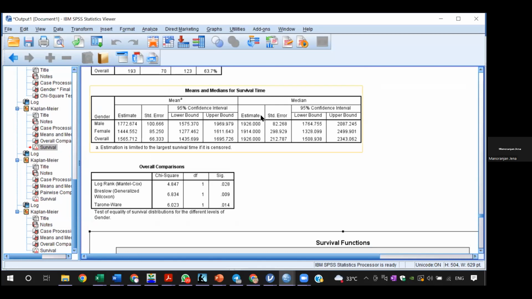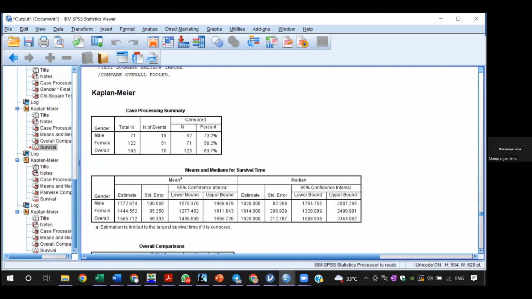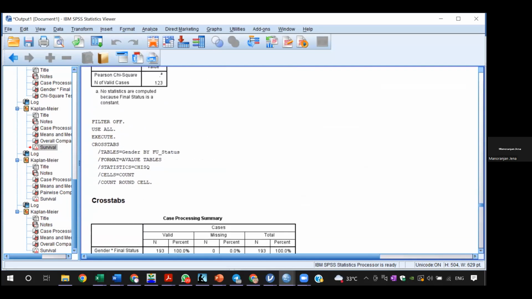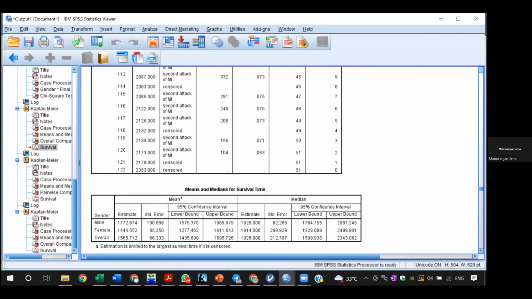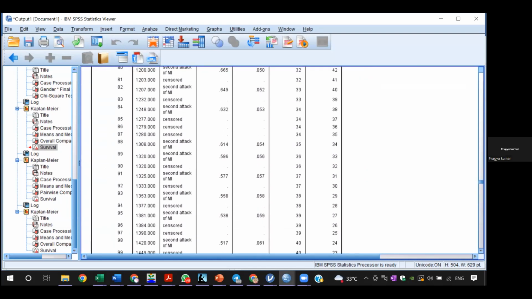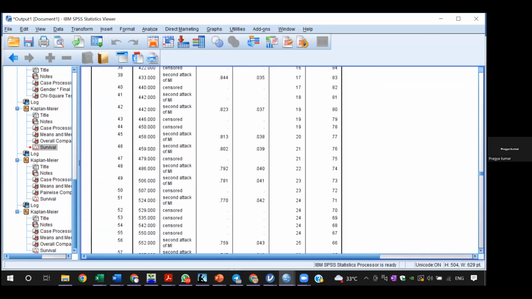Madam, another query is there. How will you calculate whether it is applicable for a non-parametric test, that standard error of median?